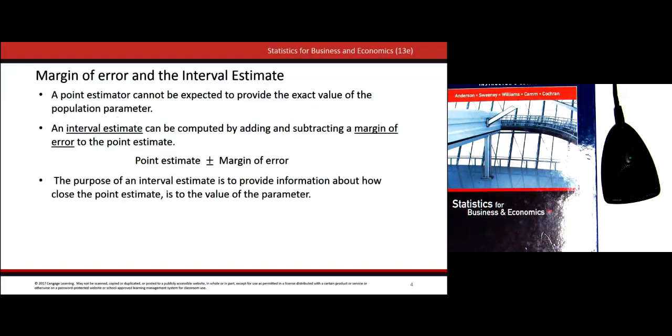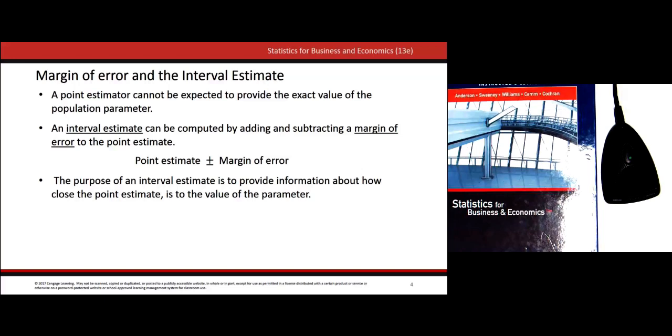So the purpose of the interval estimate is to provide information about how close the point estimate is to the value of the population parameter. The general form of the interval estimate is point estimate plus minus margin of error.